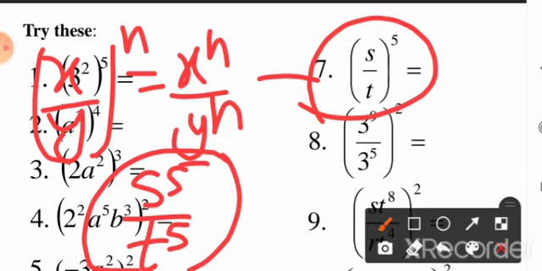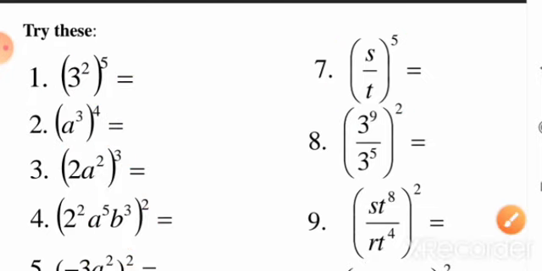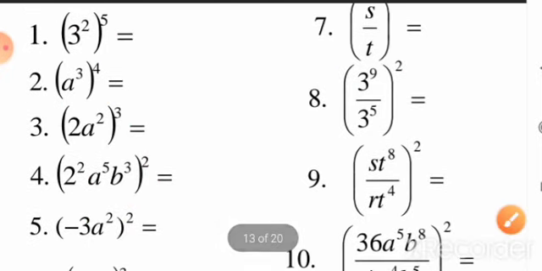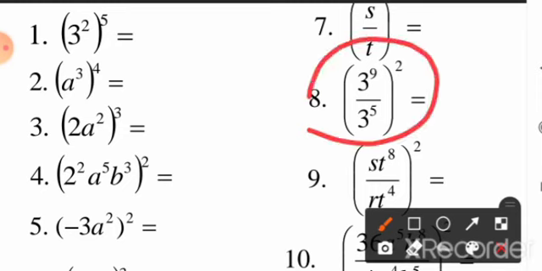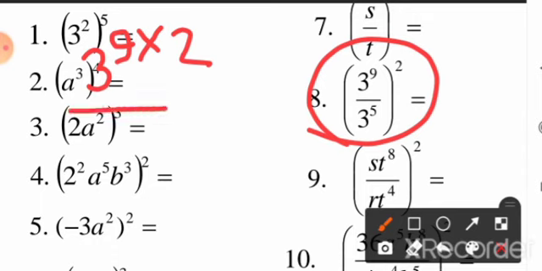Next question, question number 8. Question number 8 is the same pattern. This is given here. So apply the similar identity or law of question number 7. x upon y, whole power n, is equal to x power n upon y power n. So you can write 3 power 9 into 2 upon 3 power 5 into 2.